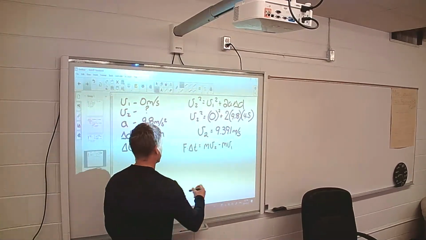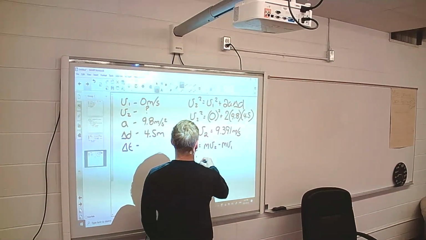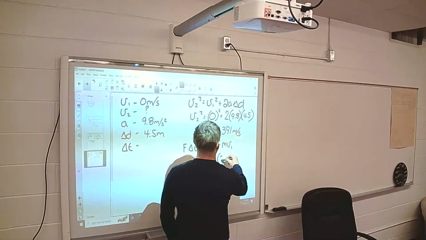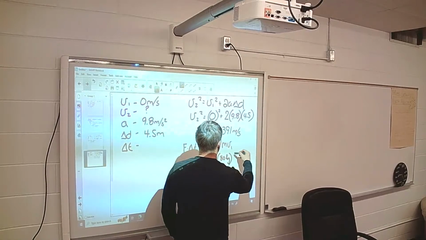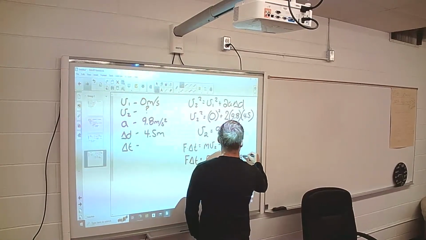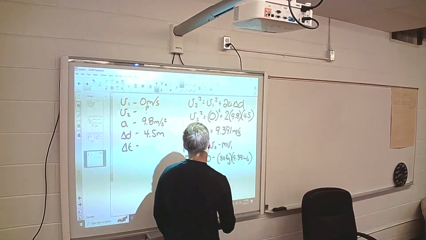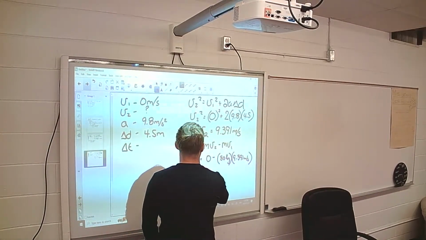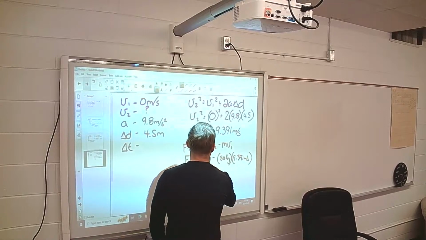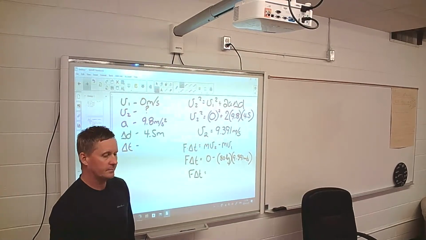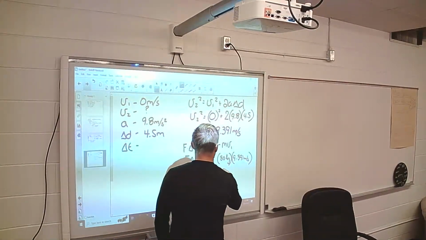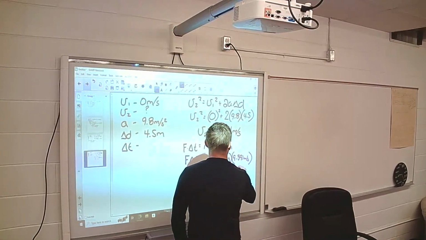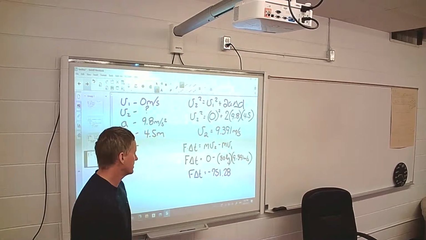Okay, so my impulse, force times time, is equal to 0 minus my mass, 80 kg, times 9.391 meters per second. My impulse is what? 751.28. What are the units on impulse?